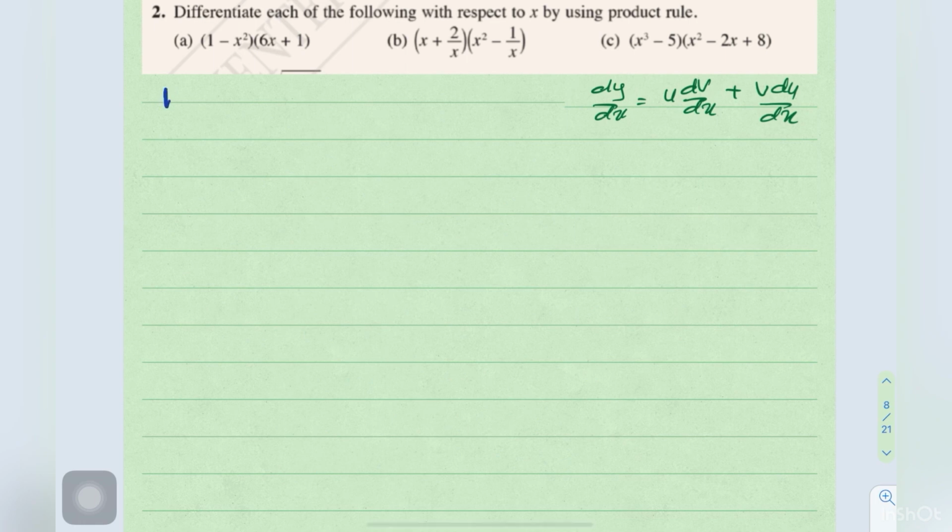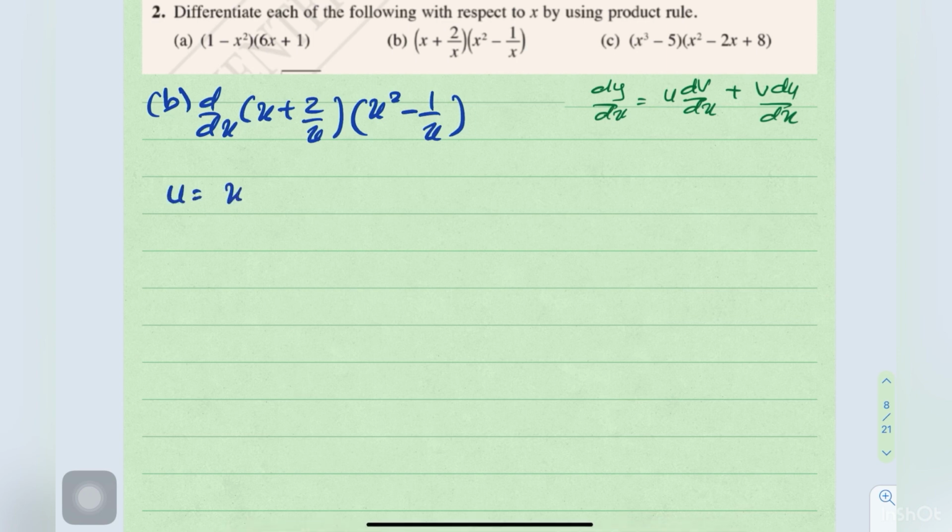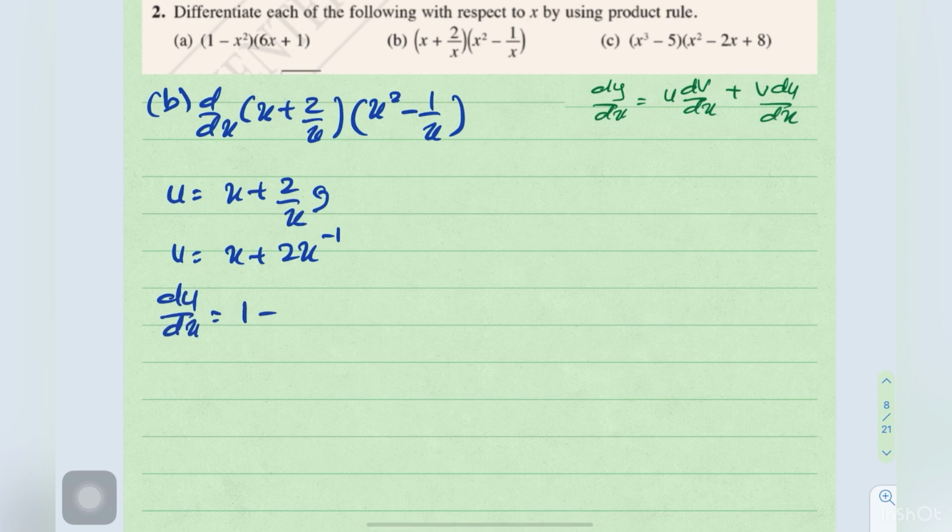Okay, B, d/dx of (x plus 2 over x)(x squared minus 1 over x). So u is x plus 2 over x. We have to move up first before we differentiate, so x plus 2x to the power of negative 1. So du/dx is 1 minus 2x to the power of negative 2, or 1 minus 2 over x squared.